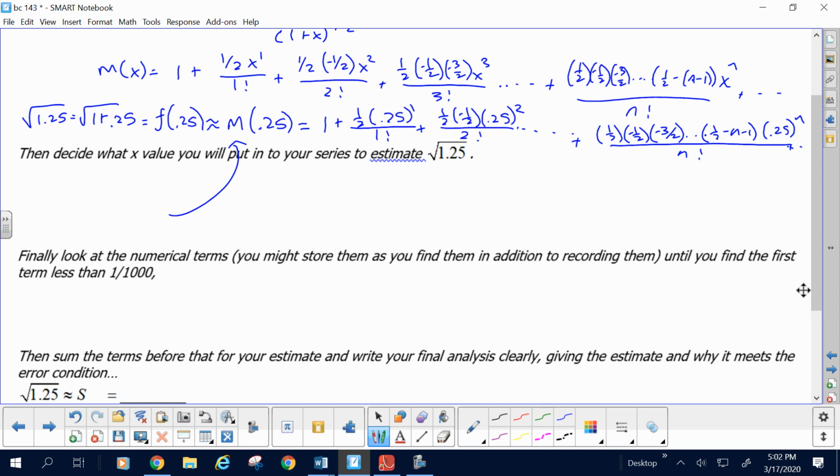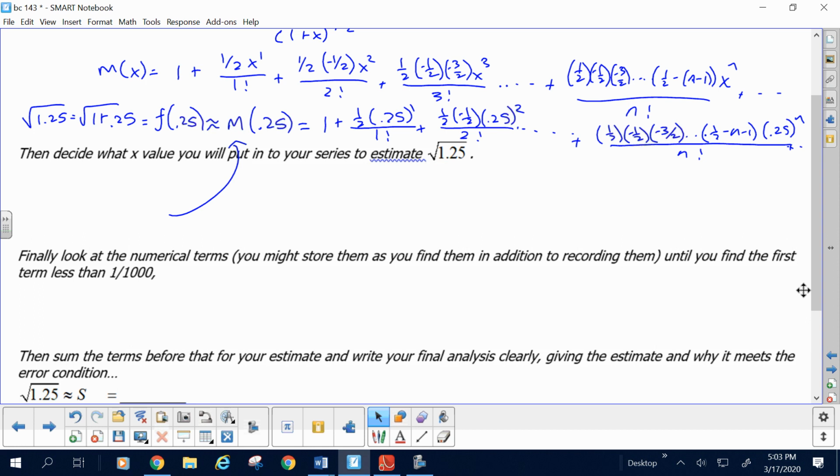You can see that after term 2, you'll start to get a negative, then a negative times negative, so a positive, and you'll keep getting alternating signs, so you can use the error bound. We need to figure out which is the first term less than 1,000th. And because later on we're going to have to find that sum, I would strongly recommend you store as you go.